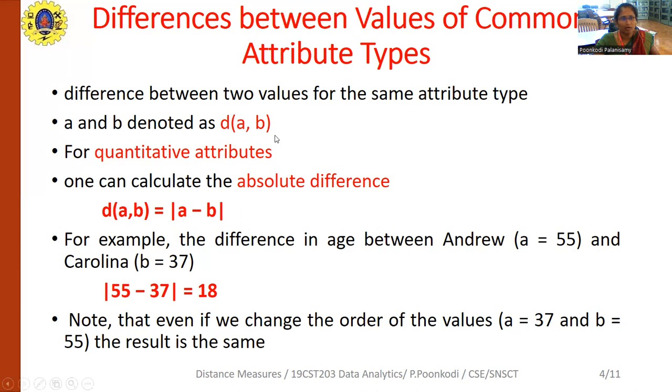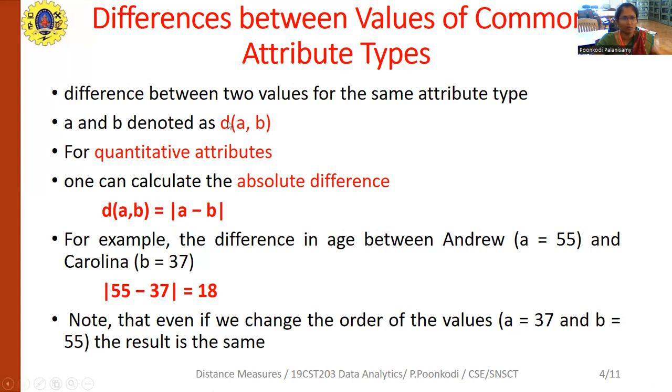So D of A comma B. Next, we use this formula to find the absolute difference. For quantitative attributes, we can find the absolute difference because the input data is already given.